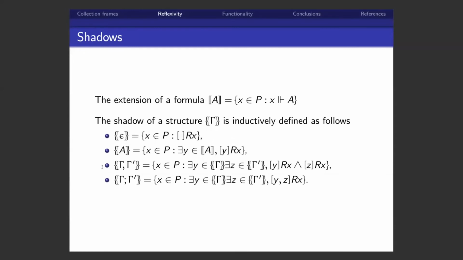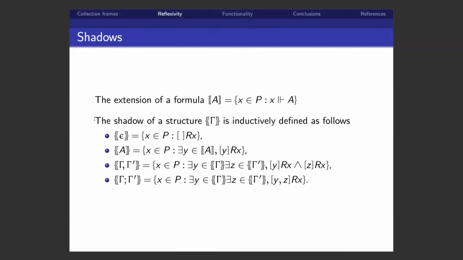Okay, but to get that to work, we need a few definitions, to give you a nice sense of how validity is working here. First off, the extension of a formula, we'll define like this: the extension of a formula is the set of points where the formula is true or is verified. And then for structures, we're going to work with a slightly different notion called the shadow of a structure.